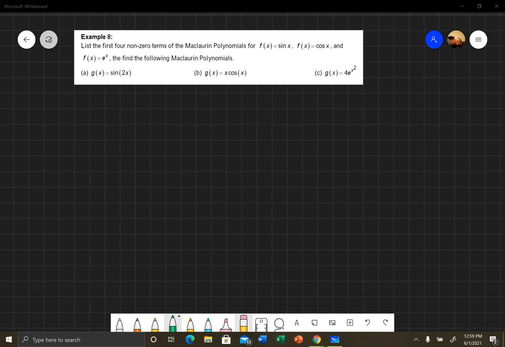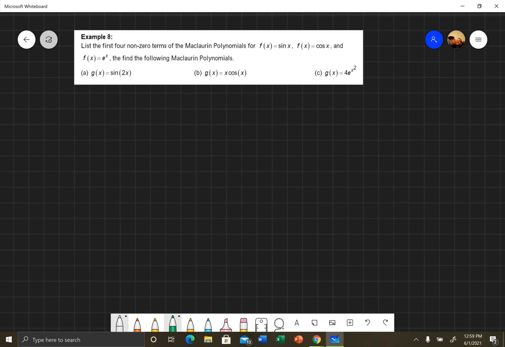So for f of x equals sine x, we're going to write the first 4 non-zero terms of that. So sine x is approximately equal to the first 4 non-zeros, remember? So we start with our process x minus, the first one would have been a 0, right?